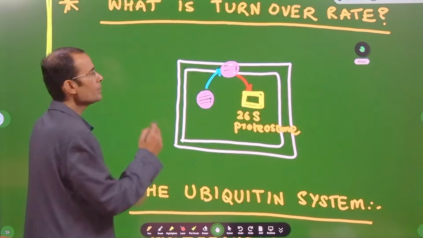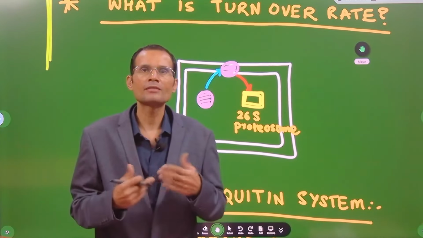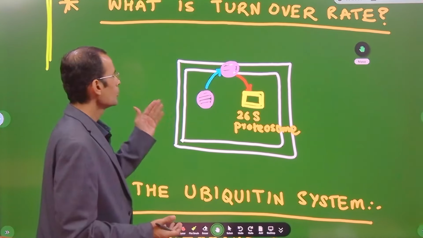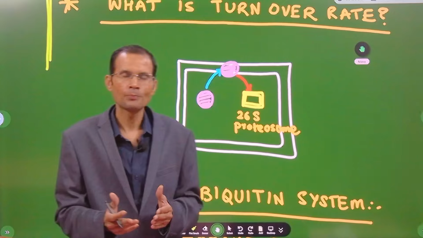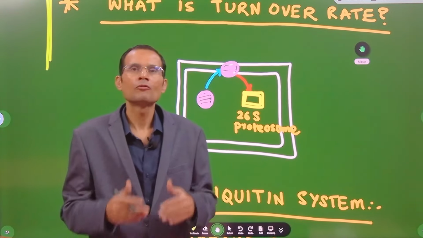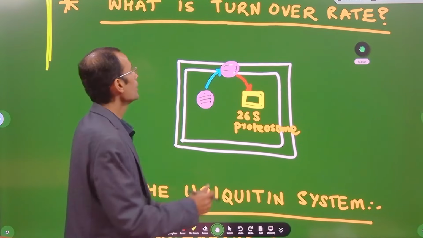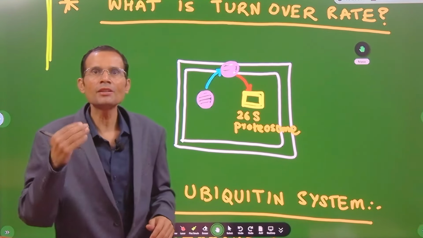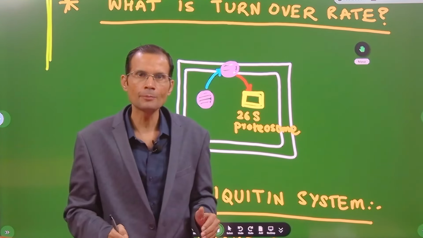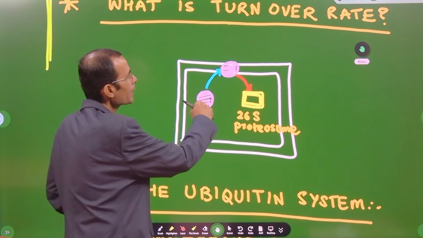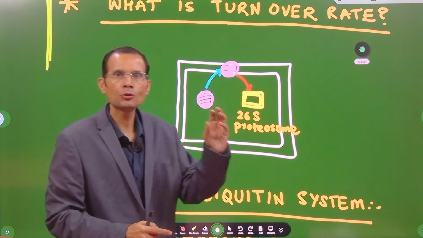Look, proteins are synthesized inside the cell. So membrane proteins also, just like any other protein, would be synthesized within the cell, and there would be a certain rate of synthesis, obviously. Then the membrane protein will be brought to the membrane.